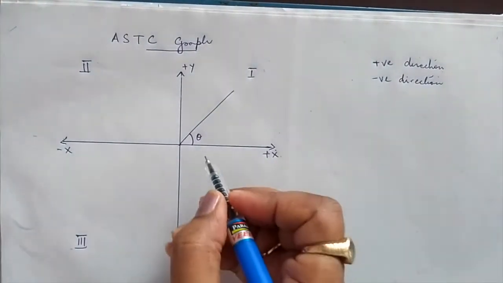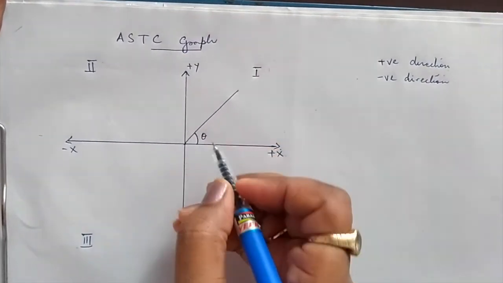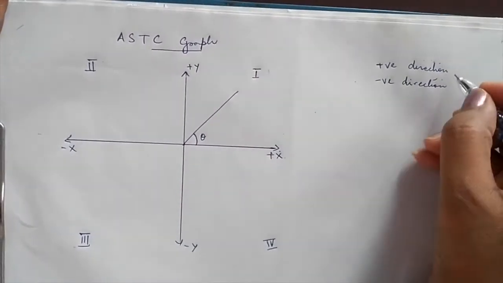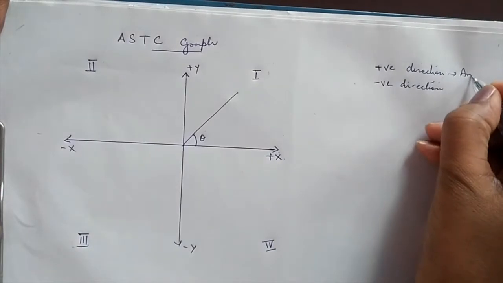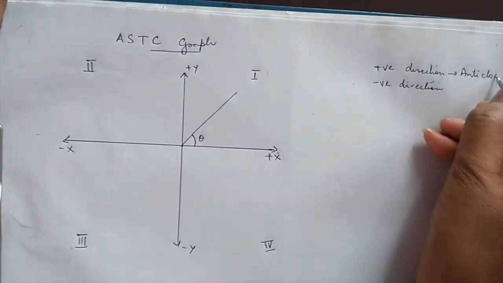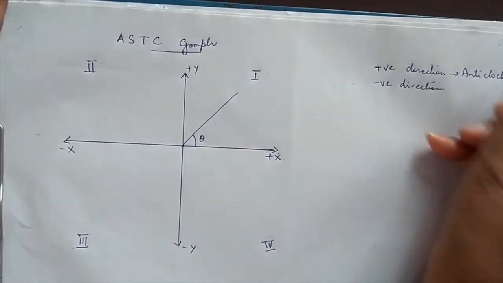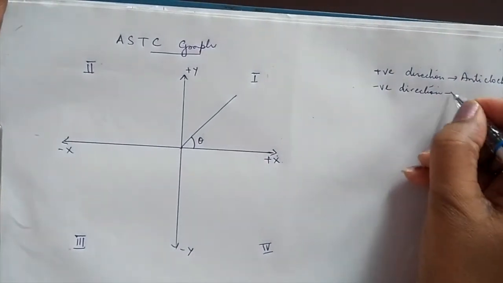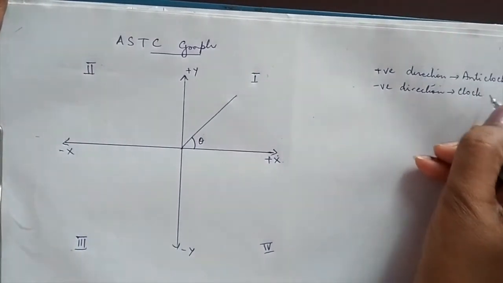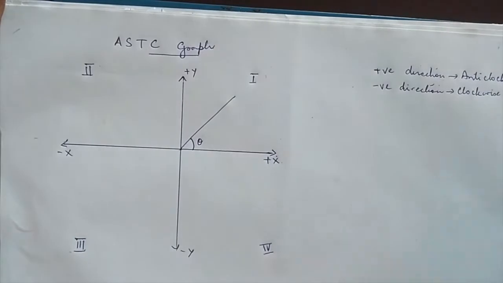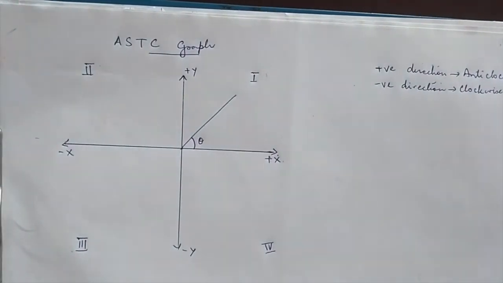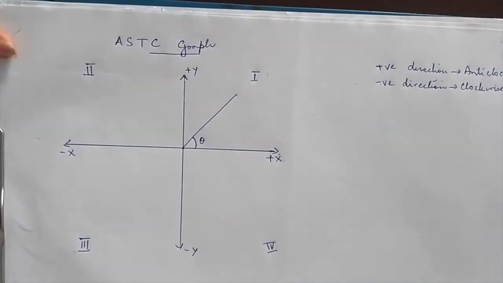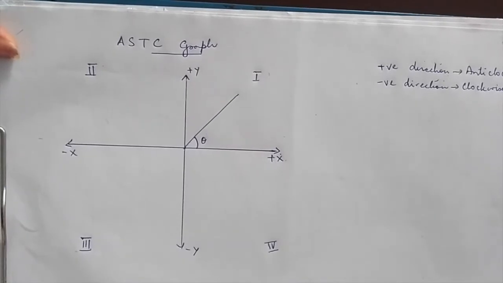Positive direction means I am going like this, which is anti-clockwise. And negative would be clockwise. Generally we say positive for clockwise and negative for anti-clockwise, but here in trigonometry, it's just the opposite.